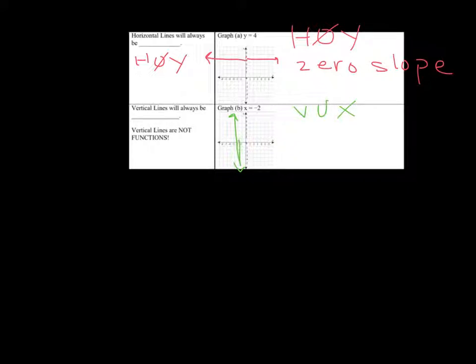I know that vertical lines have undefined slope and that they are going to be x equals a number. So when you see a vertical line or x equals a number, you think VUX. That will help you remember vertical, undefined, x equals; horizontal, zero slope, y equals.